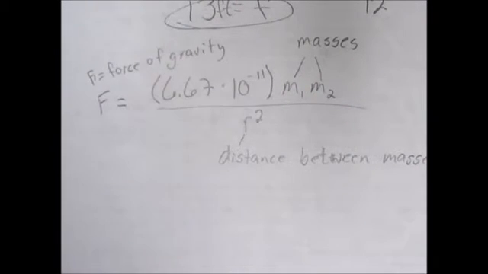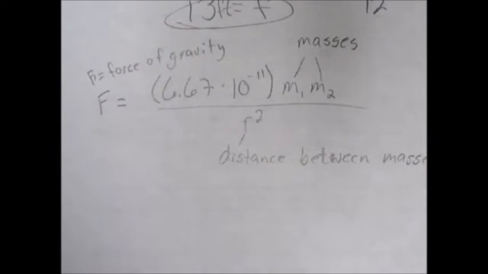Alright, so the formula is used to calculate just that, gravity, okay? So astronomers searching the universe to discover new planets have used this relationship to learn about the objects that they find in space. By studying the orbit of a planet around its star, they can determine the force of gravity between the planet and the star. The relationship between mass and gravity allows them to calculate the planet's size, its mass.